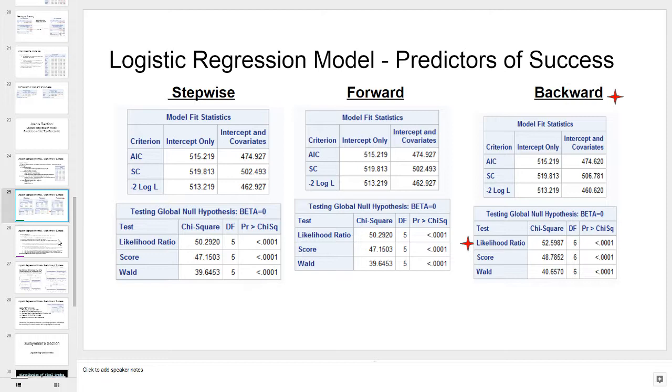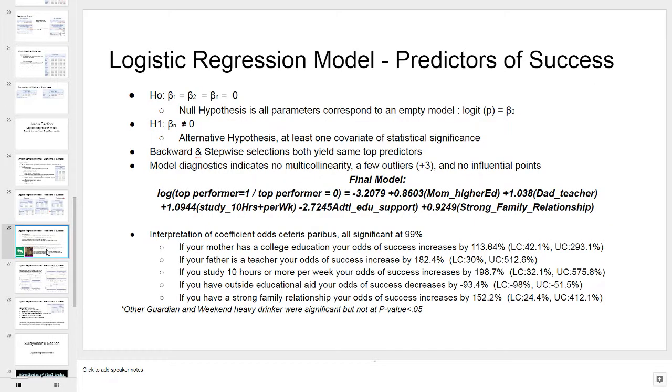Next slide. My logistic regression model is testing the null hypothesis that none of the coefficients are statistically significant. The alternative would be that at least one of them is. This is the log of top performer.